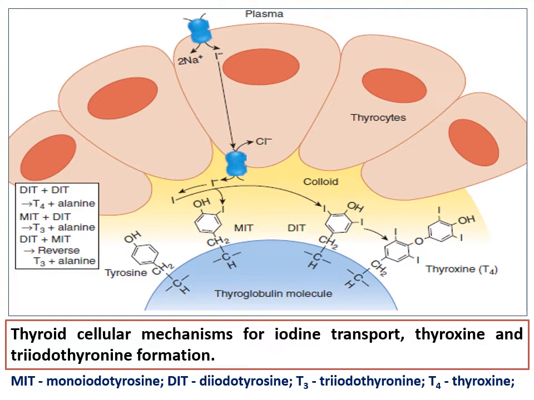So this iodide, which is now located in thyrocytes, exits the thyrocyte across the apical membrane to access the colloid by a chloride iodide exchanger, which is also known as pendrin.